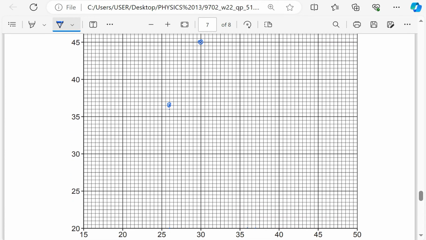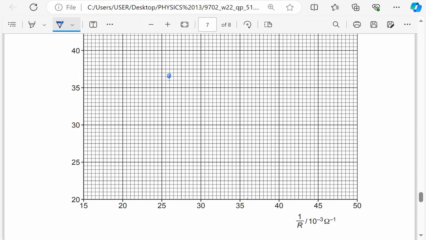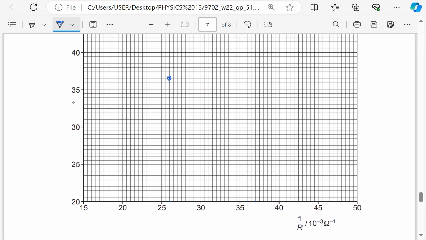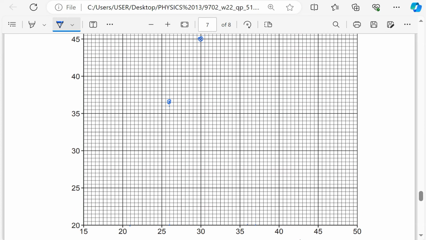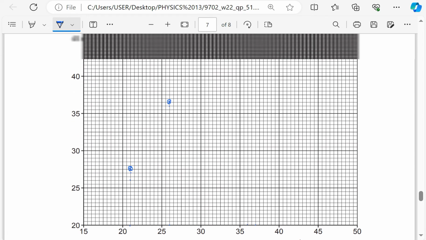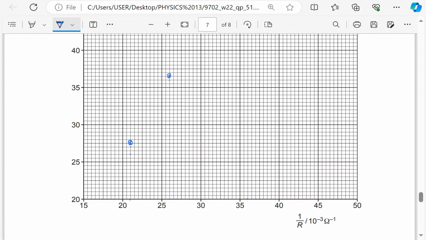Then the next one was 21 against 27.5. 21 is 2 boxes, against 27.5, which is here. The last one was 19 against 23. So 15, 16, 17, 18, 19. 19 against 23. So 20, 21, 22, 23 is here.